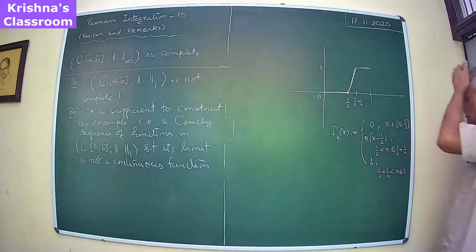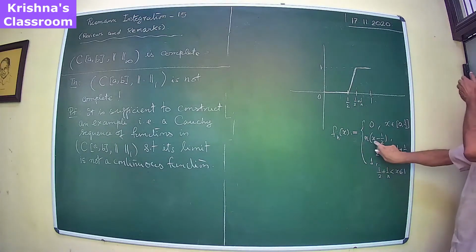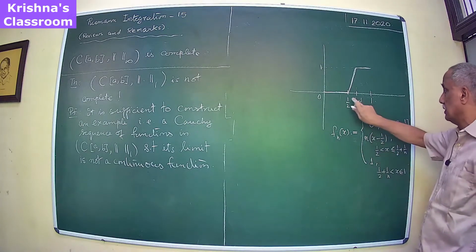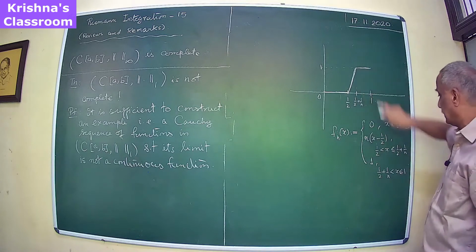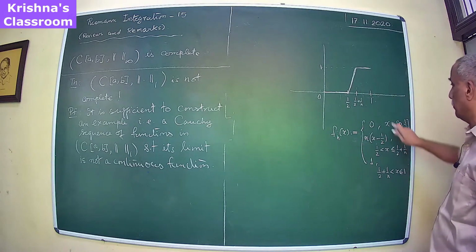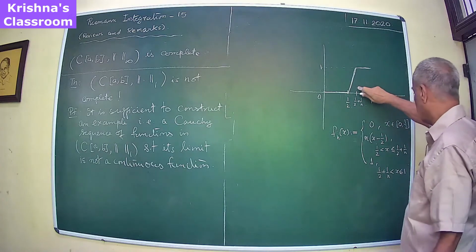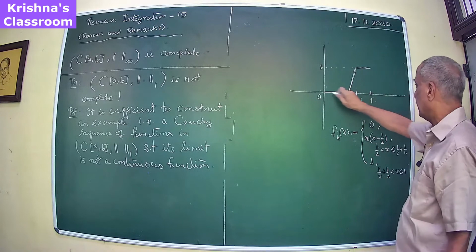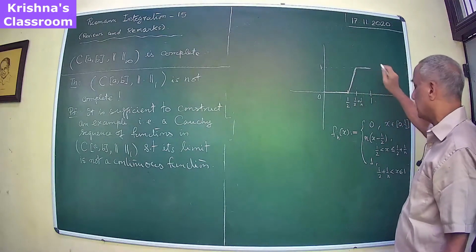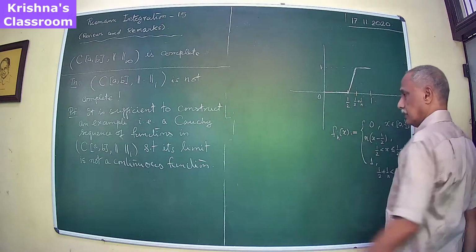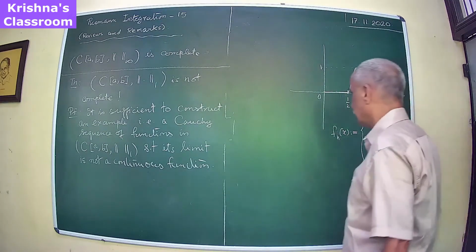This is the definition of the function. You can check that at x equal to half, f_n is 0, and at x equal to half plus 1 by n the value of the function is equal to 1, and therefore what you see here is a continuous function. This is continuous on the whole interval.